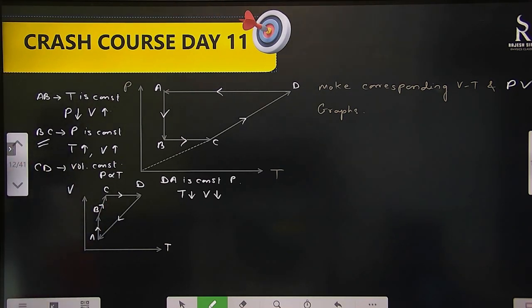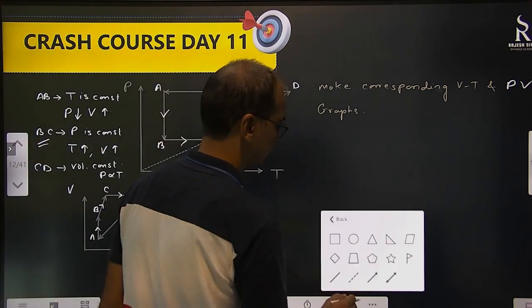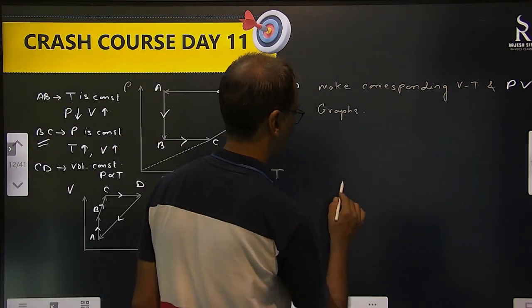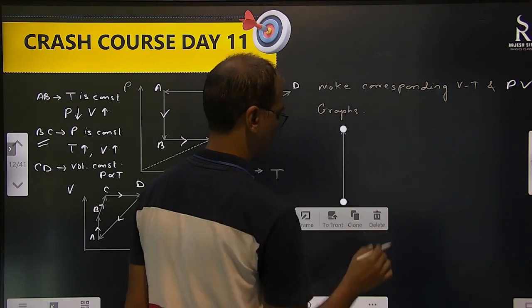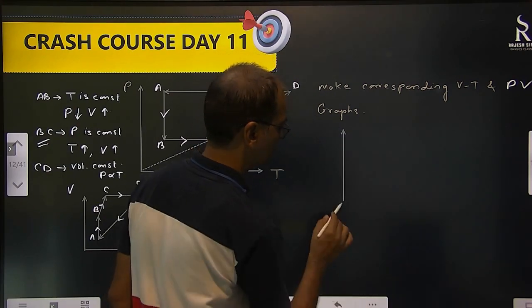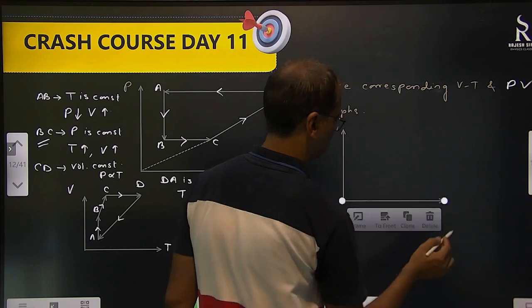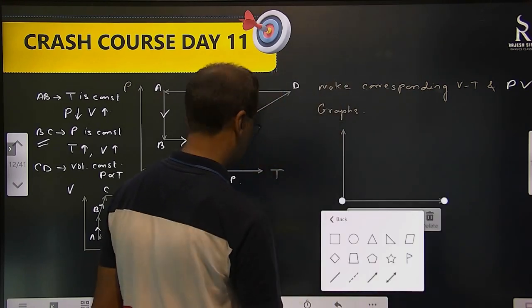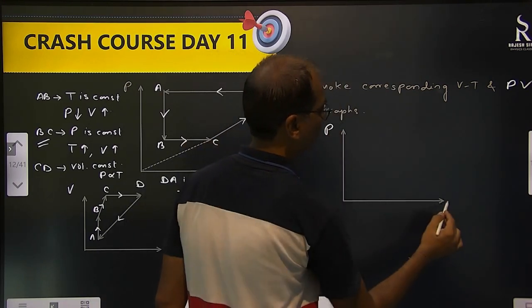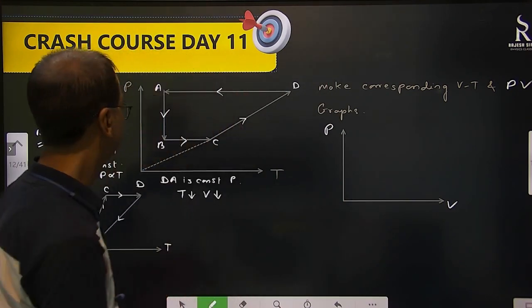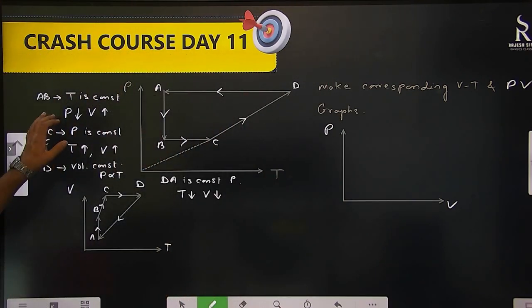Now we also have to make the PV graph. Okay, let's see how the PV graph looks. What is first? First is isothermal. T is constant.